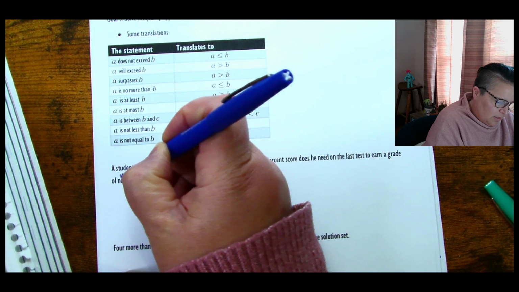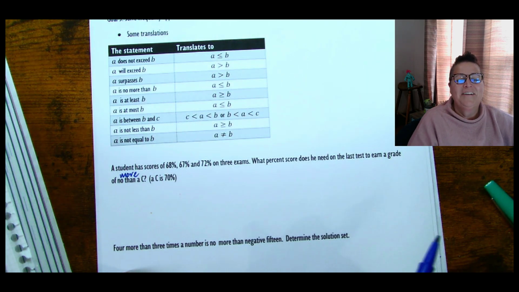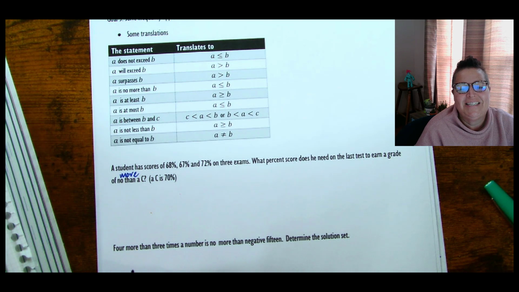I think I forgot the word more. All right, so a student scores a 68, a 67, and a 72% on 3 exams. What percent score does he need on the last test to earn a grade of no more than a C?